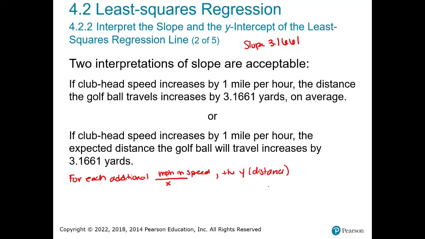You're filling in y, and then you tell me, is it increasing or decreasing? In this case, it's increasing because our slope is positive, by fill in your slope. My slope is 3.1661 and whatever the units are, yards. Anytime I talk about slope or define slope, this is how I'm going to do it. For each additional, fill in the blank for x, does the y, whatever it is, increase or decrease, and by how much?